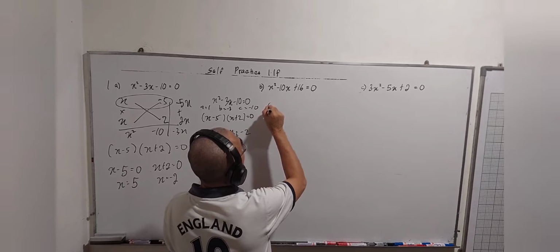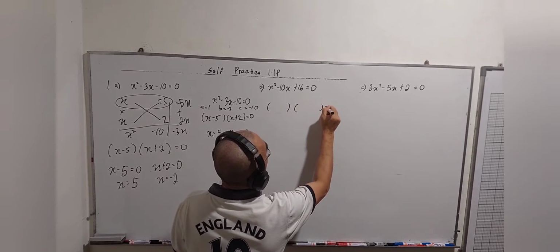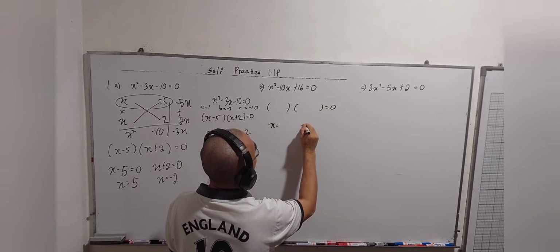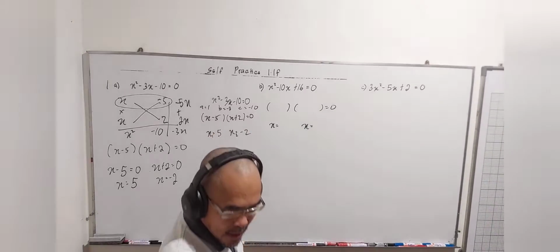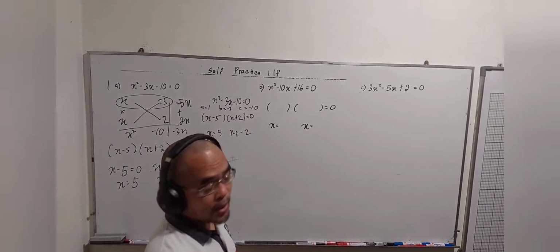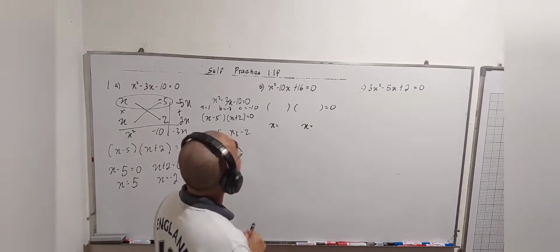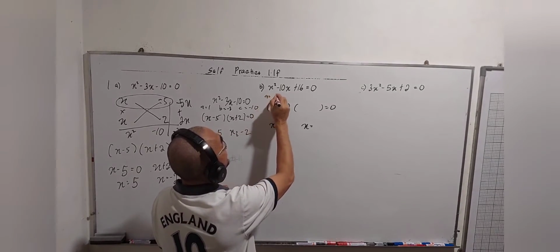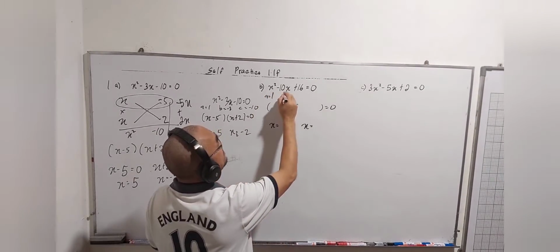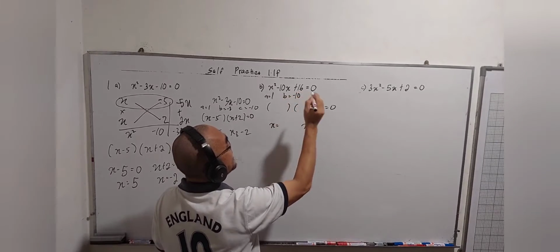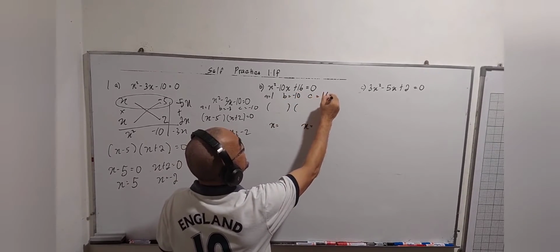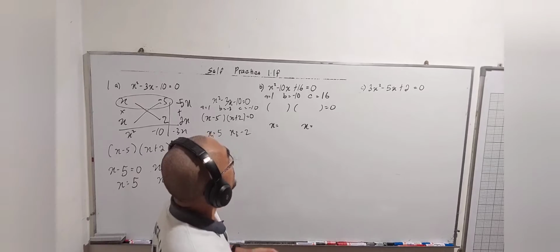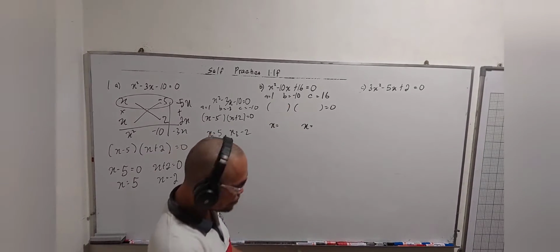Alright, so just write down two brackets equal to 0, the first x and the second x. You have to understand what is A and B and C. 1x squared, B will be negative 10x, and C will be the number only, which is 16. So B is negative 10.